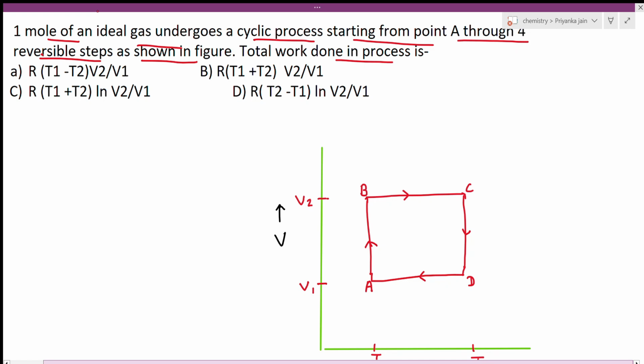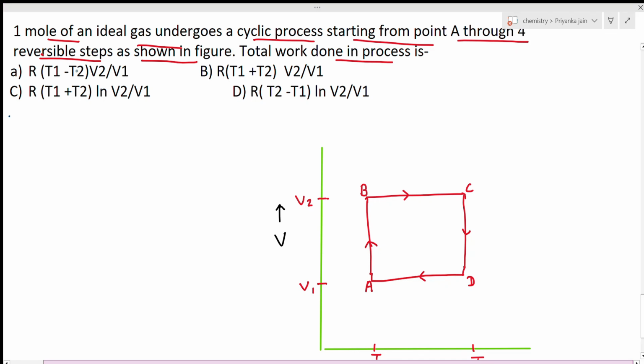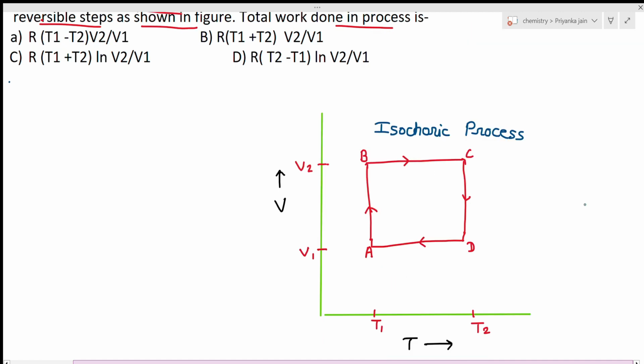See here in this figure, the process B to C. In this process, there is no change in the volume. Okay, so this is an isochoric process. Now see this C to D process. In the C to D process, the temperature is T2. It means this is an isothermal process, and this is isothermal compression because the volume is decreasing.